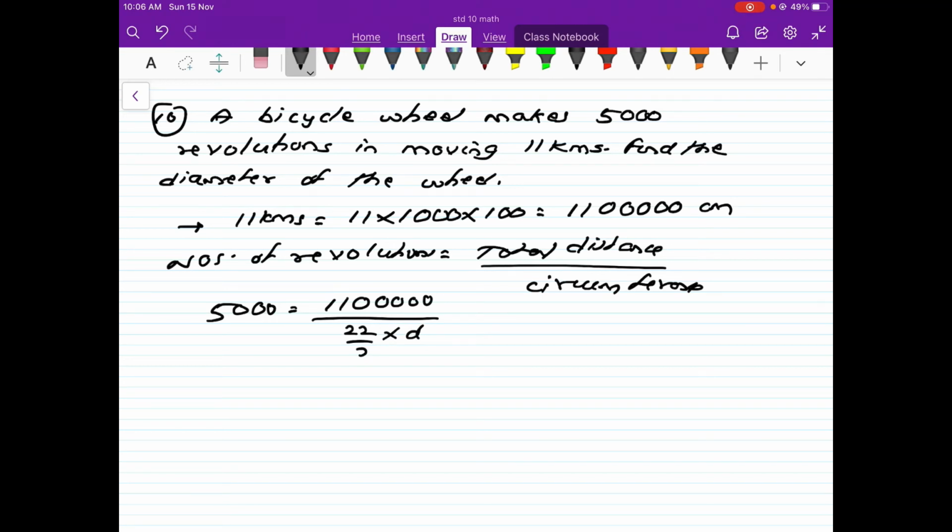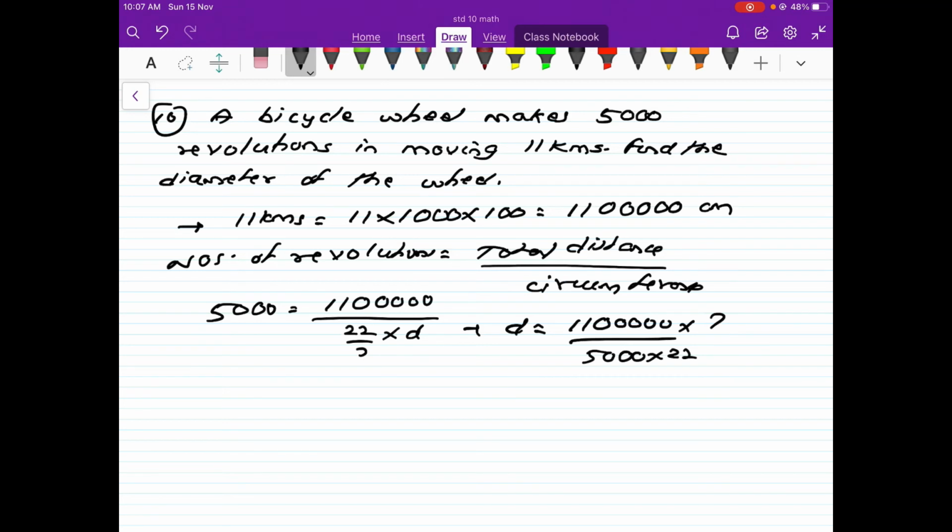So when we transpose d to this side, d is equal to 11 followed by 5 zeros upon 5000 into 22 by 7, and the 7 will go up.